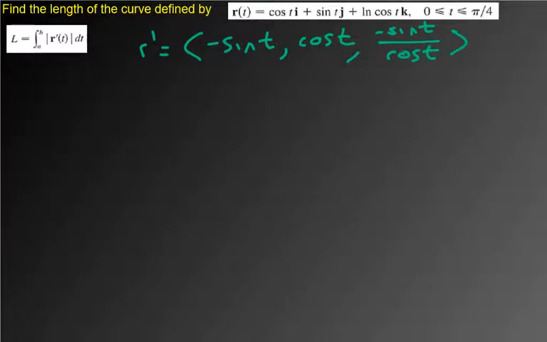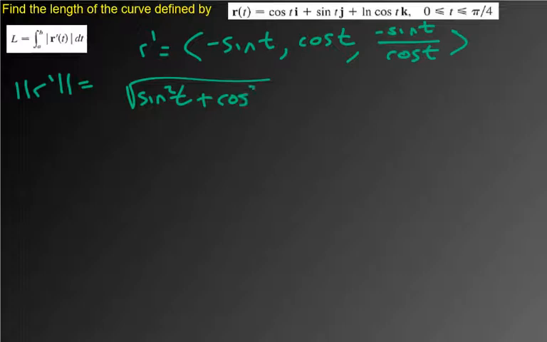All right, and then the magnitude of r prime would be the square root of sine squared. I'm just dropping the negative because it's squared anyway, plus cosine squared, and then again you can drop the negative. This is really tangent, right? So I'm just going to say plus tangent squared. This is that super famous trig identity, sine squared plus cosine squared is 1.